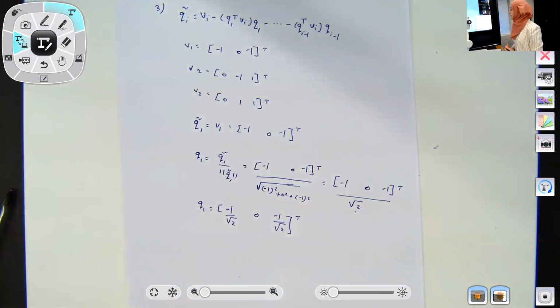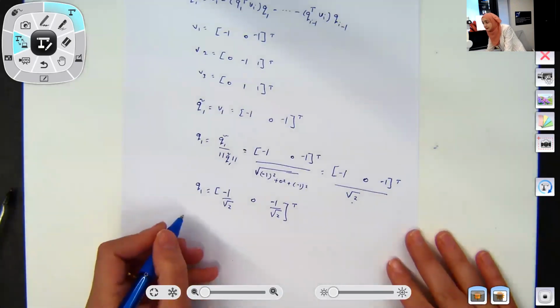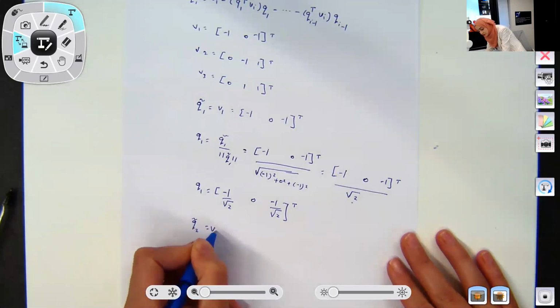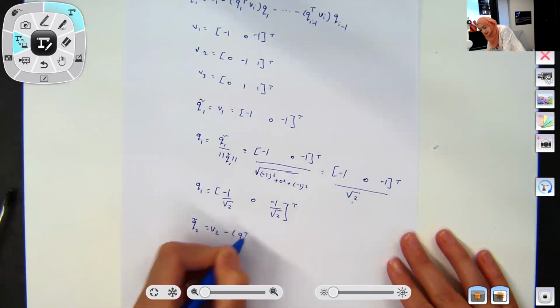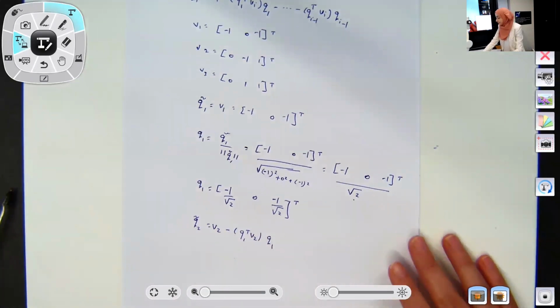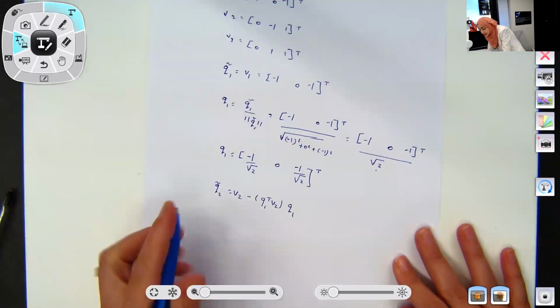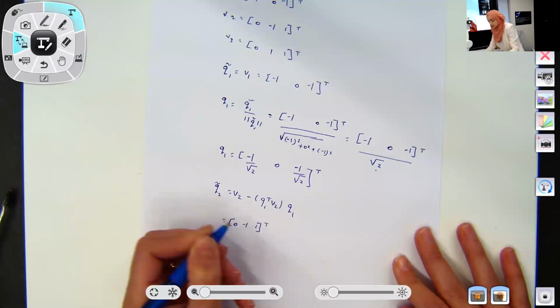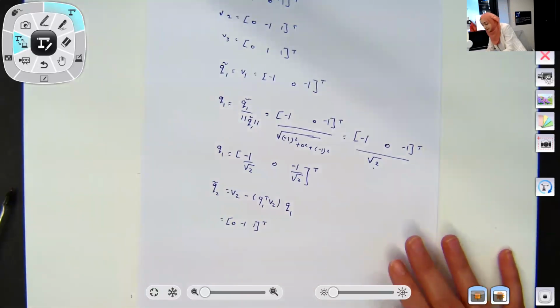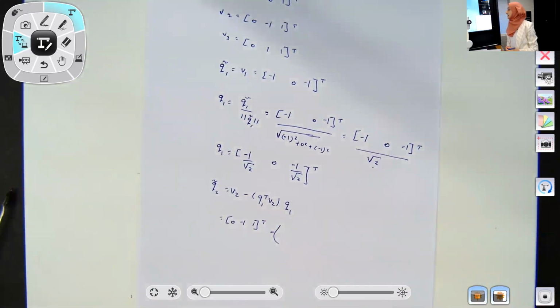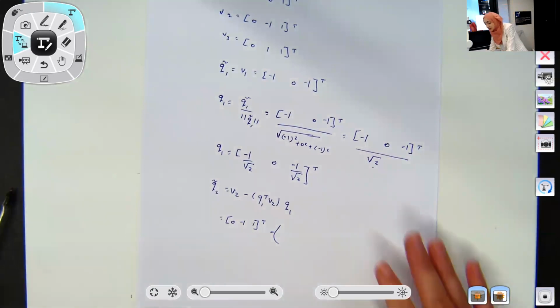Now let's try to find the Q2 tilde. To find the Q2 tilde, we need to apply Gram-Schmidt again. Q2 tilde is equal to V2 minus Q1 transpose in a product with V2, and all of these multiplied with Q1. V2 is equal to 0, minus 1, and 1 transpose. This is the value of V2 minus the inner product between Q1 transpose and V2.